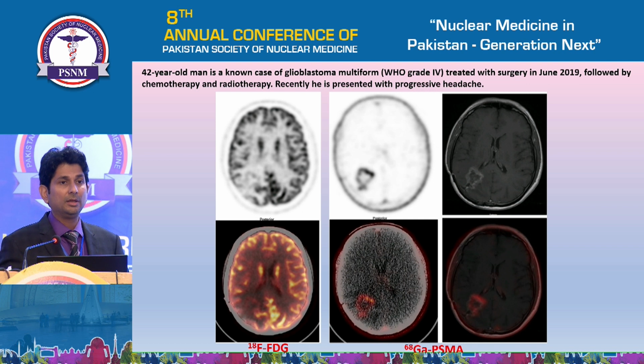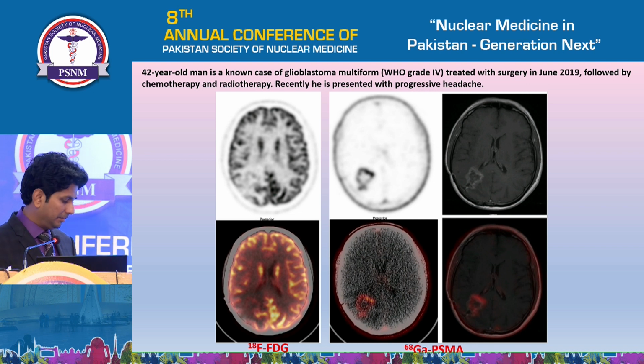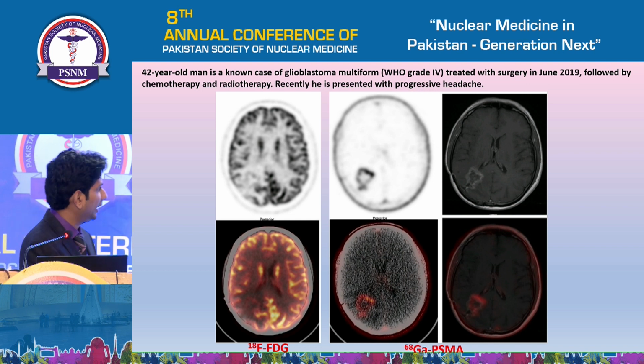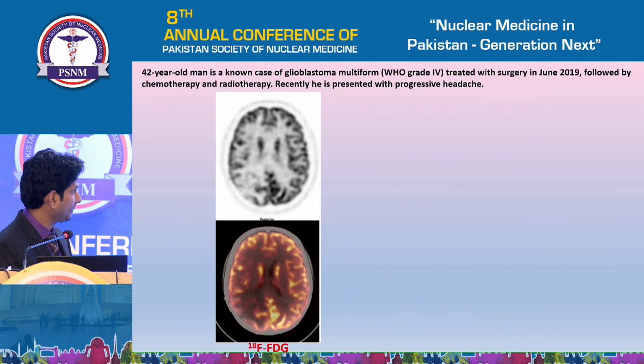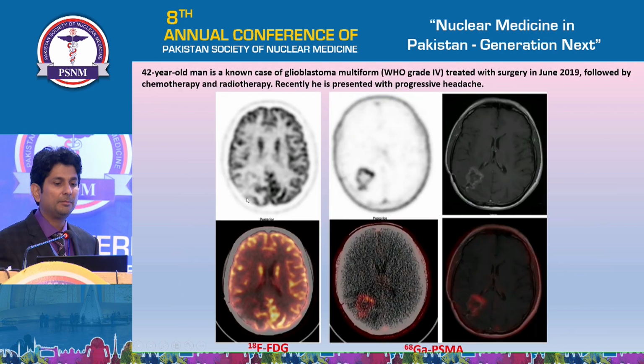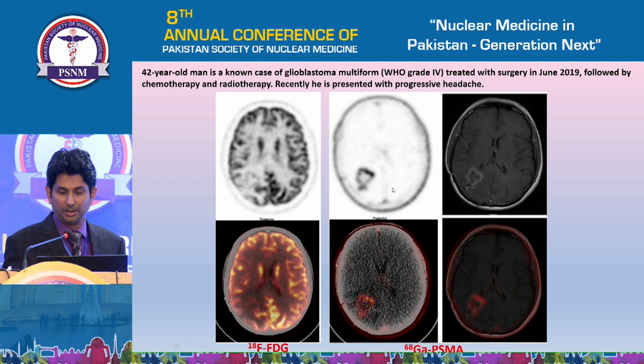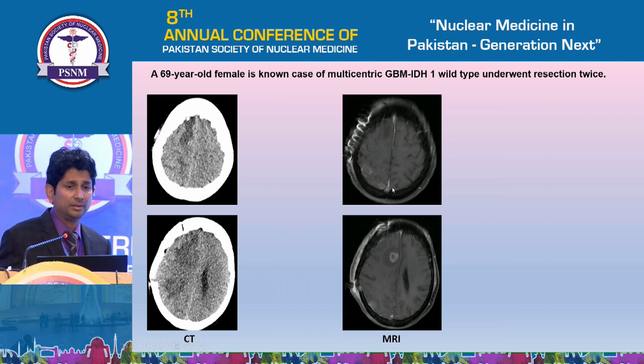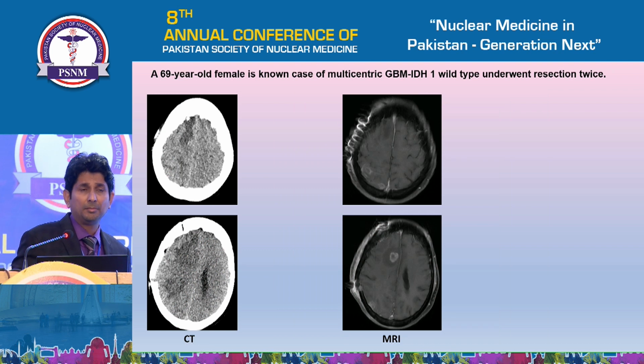You can easily visualize the tumor here, and then look at it in the slices. There might be some equivocal uptake of FDG, but there is better localization of PSMA in gliomas. Another case, a patient with GBM with multiple resections.